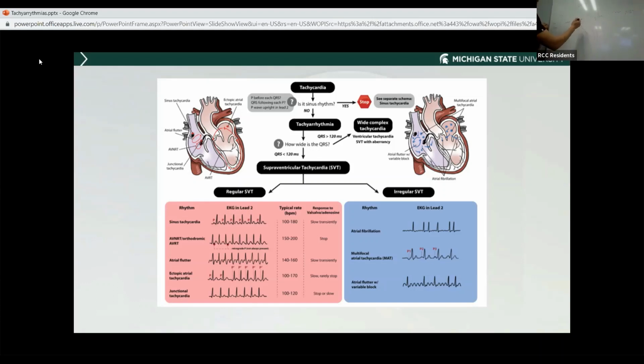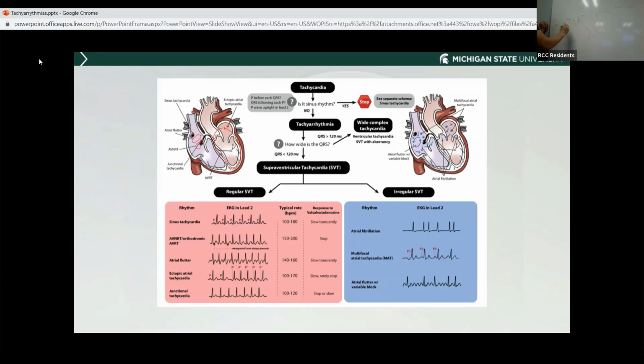So what happens if I give adenosine, which is a very potent AV blocking agent, but short acting? It will delay the impulses, but it will never stop them because the foci up there are still going on.